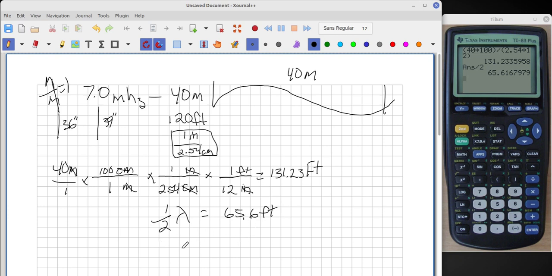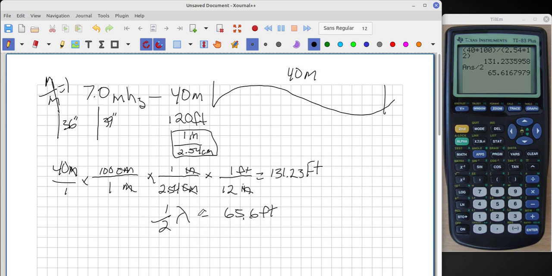Now, before you go out and get your wire cutters and whack off a chunk of wire at 65.6 feet, thinking you have a half-wave antenna, you're going to be close but not accurate enough. It turns out that our signal travels through a wire differently than it does through free space. So there's a different kind of conversion going on for that.